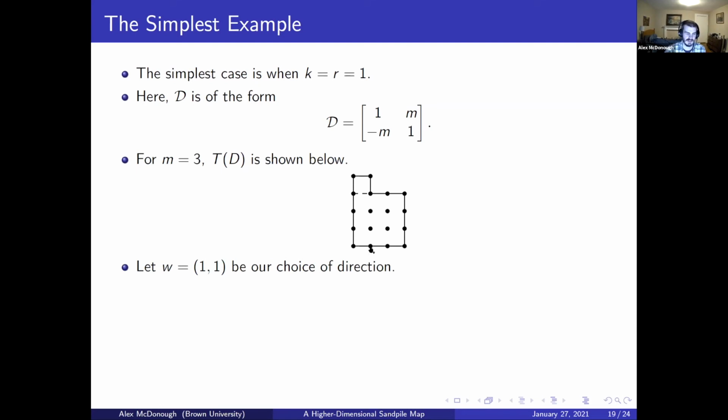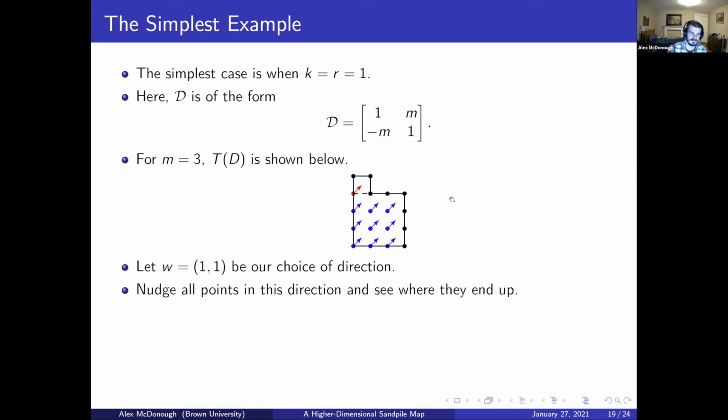If we choose some direction, let's say we choose our direction to be 1, 1, then we care about which points go into which parallelepipeds. So 9 of these points are going to go into the bigger one, and 1 is going to go into the smaller one.